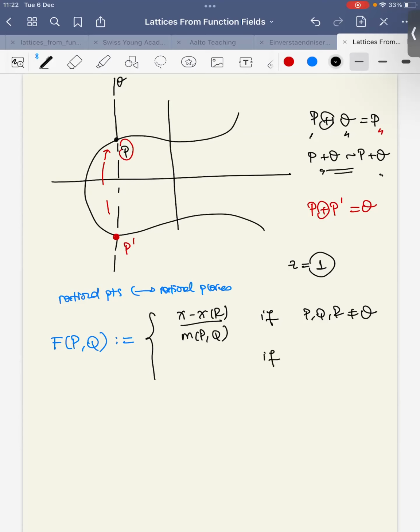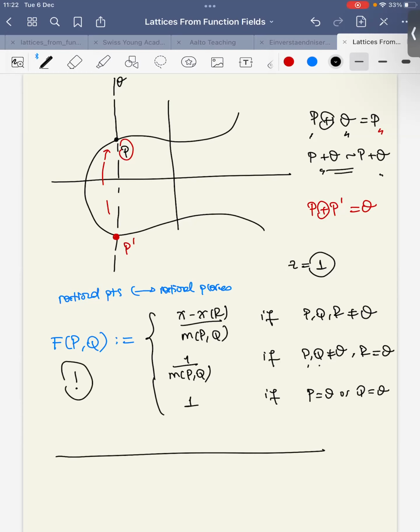And if P and Q are different from identity, but their sum is identity, so P and Q are additive inverse to each other, I will consider the function m of PQ. And for the last case, if P or Q is identity, I will consider the constant. This is the one fact, and we will work with this type of functions. This will be important to derive, to study the lattice structure of the elliptic curves.